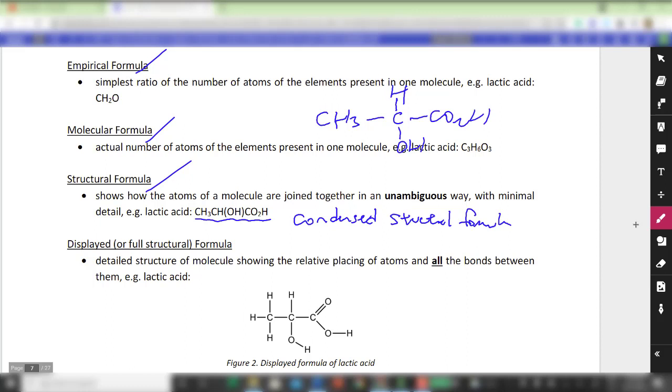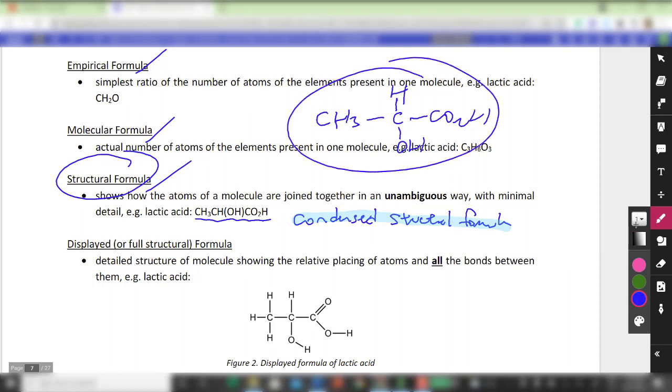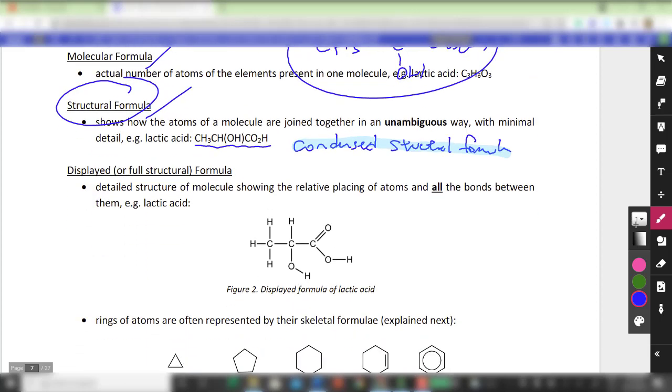Yes, you can draw like that for a structural formula. Basically, a structural formula can be in any way you want, whichever you are comfortable with. In particular, a condensed structural formula usually does not show any bonds in it. So I cannot call this a condensed structural formula. This is just a structural formula in your own way. I hope you know where I'm coming from.